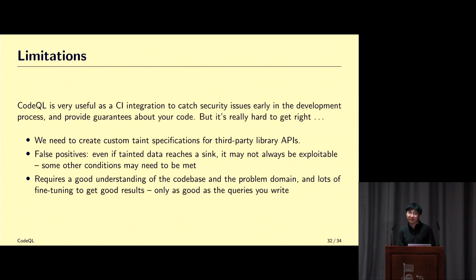But you can imagine if you have a very big project and a bunch of other dependencies, how would you catch things that come from all of these third-party libraries? That's a huge challenge, and it requires a lot of understanding of your own code base and writing your own rules to tune that down.